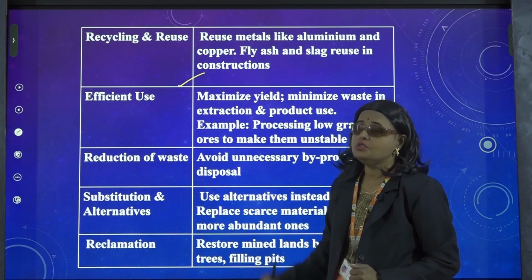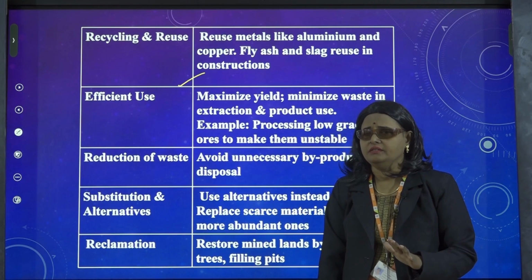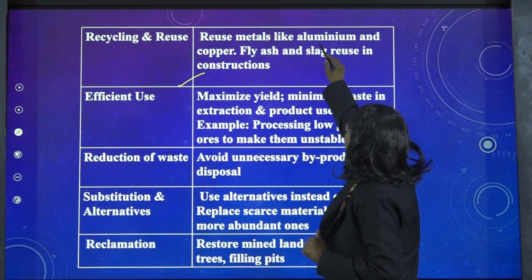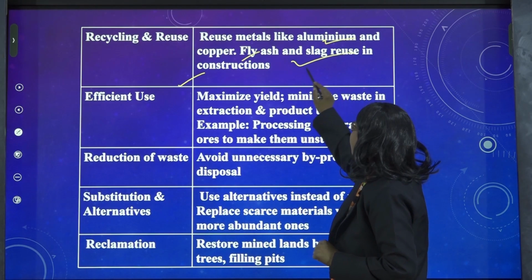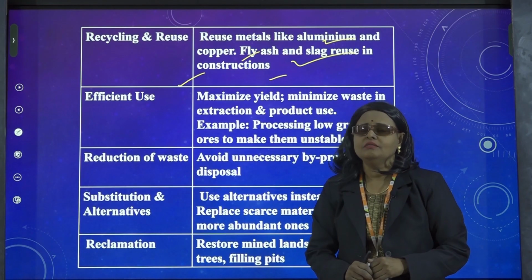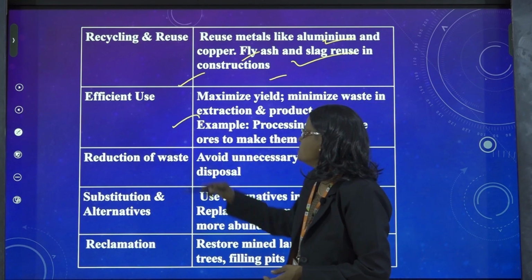Recycling and reuse, one of the important techniques, the best technique, the 3R technique. Okay? So now here, reuse metals like aluminium, copper, and fly ash and slag reuse in construction. Instead of wasting, reuse it. Why to waste? Efficient use.